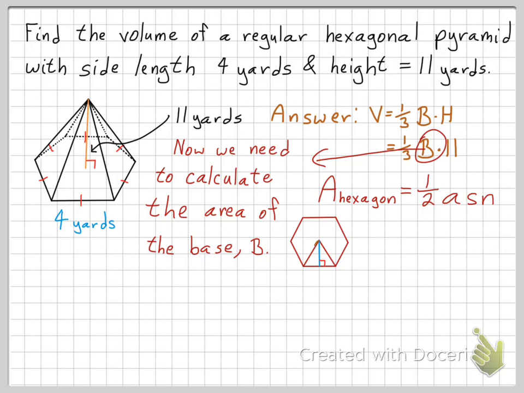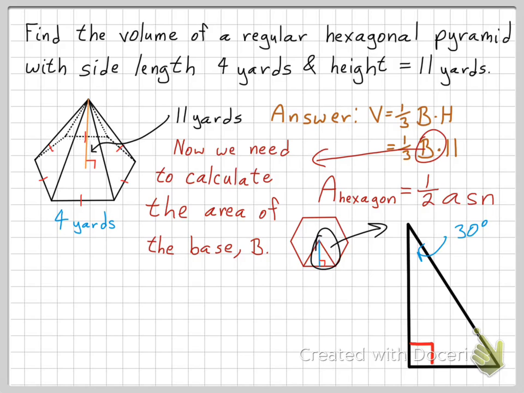So this angle here is 60 degrees, okay? And what I'm going to do now is take this right triangle only, and I'm going to blow it up. And again, if that angle was 60 degrees, then this angle must be 30 degrees. This is 90 degrees, and so this must be a 30, 60, 90 degree triangle.